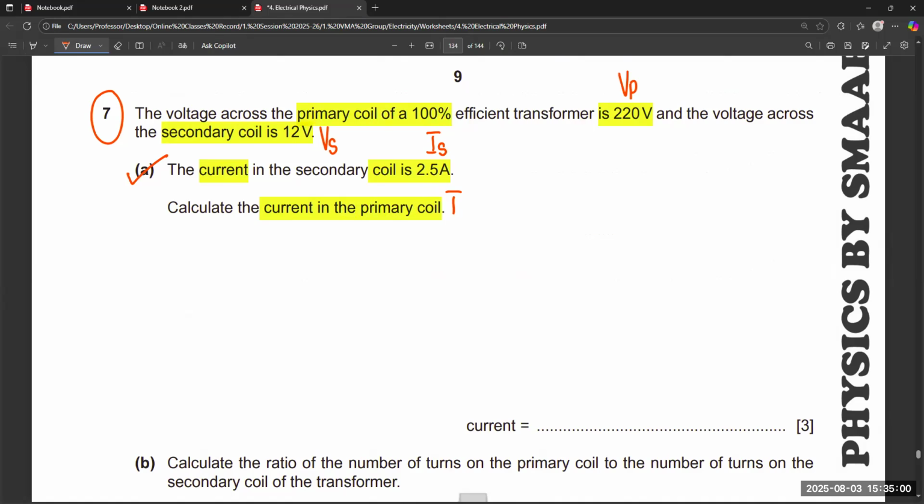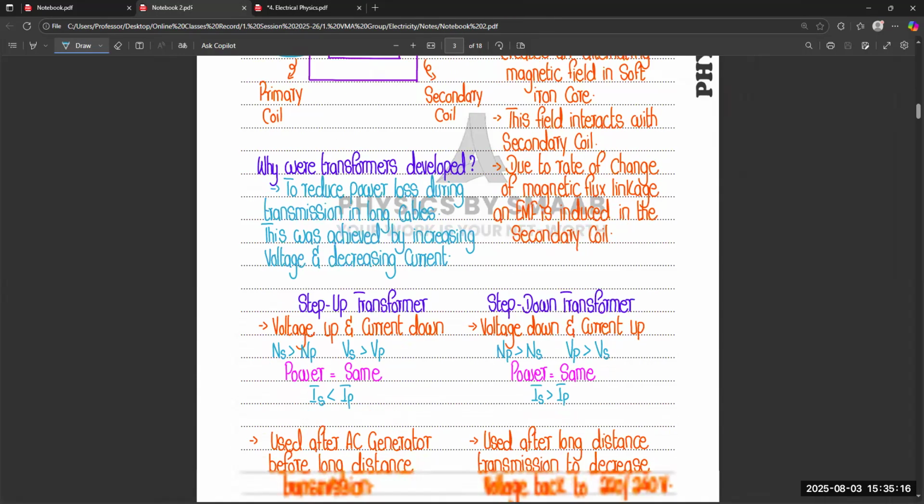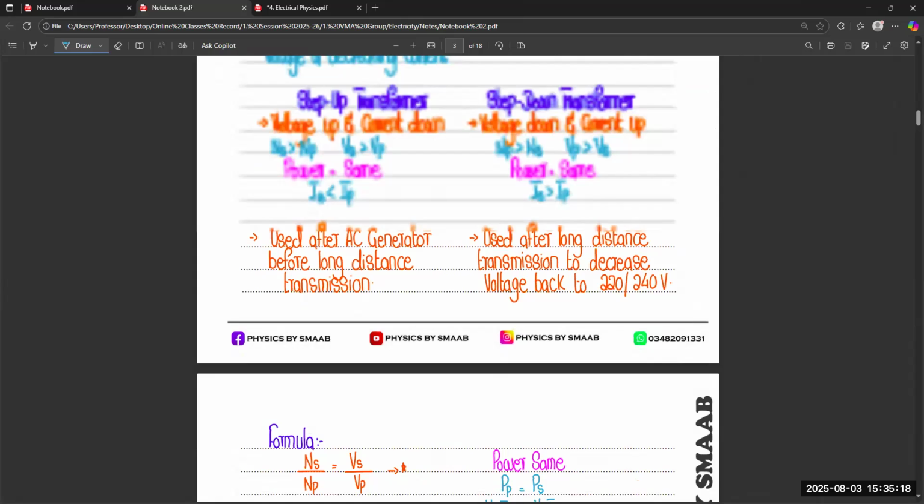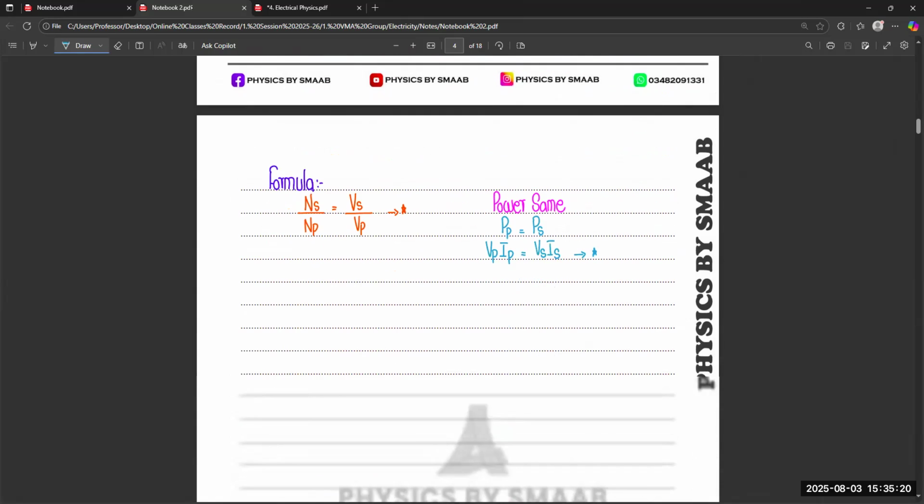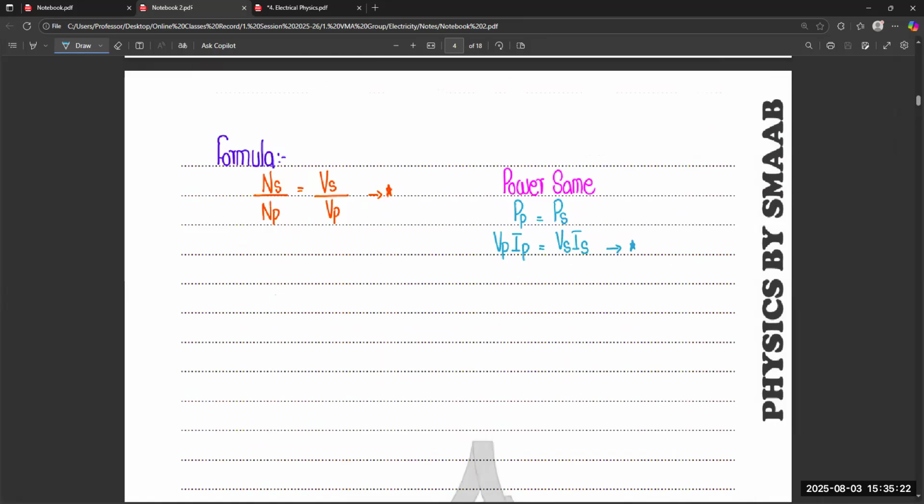So now you can see we have only the quantities of voltage given, only the quantities of current given, and it is 100% efficient. Why is this point given? If it is 100% efficient, then definitely power remains the same. So we can use this equation.